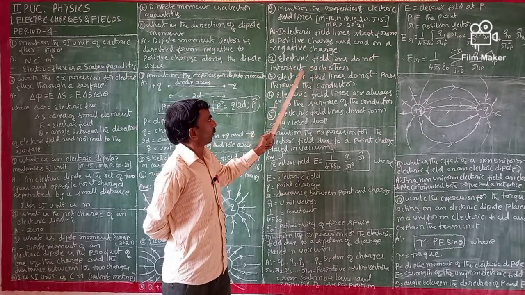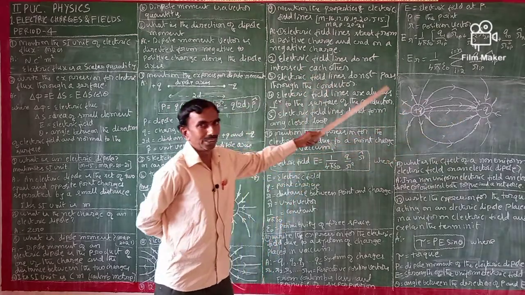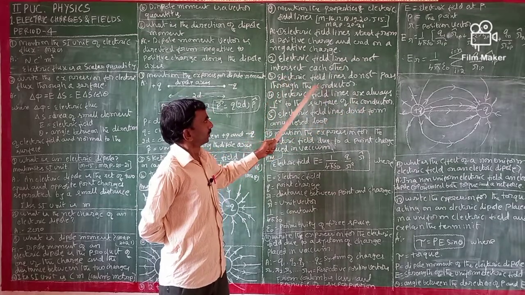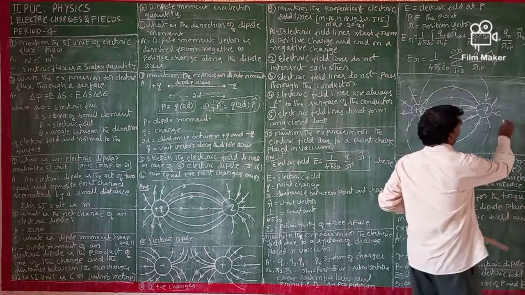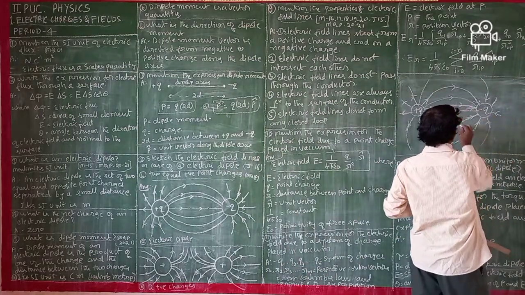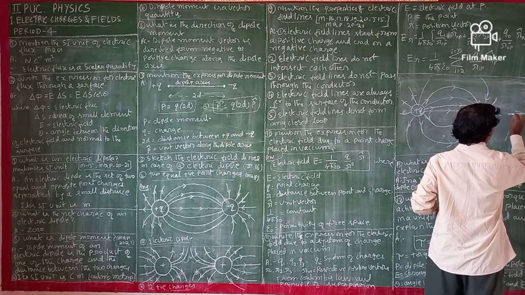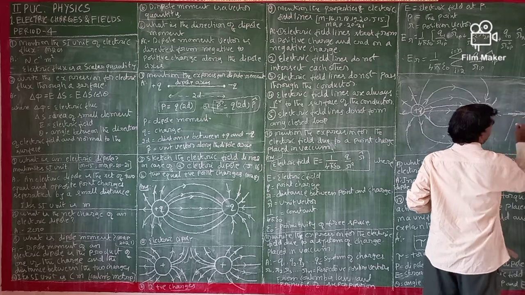Electric field lines do not intersect each other. Electric field lines do not pass through the conductor. You see here, if a conductor is kept here, the electric field lines do not pass through this conductor.